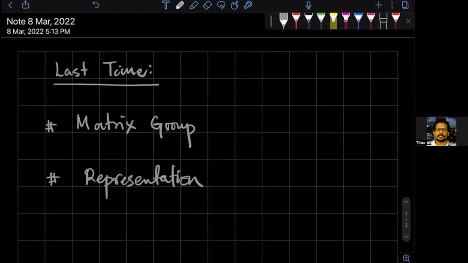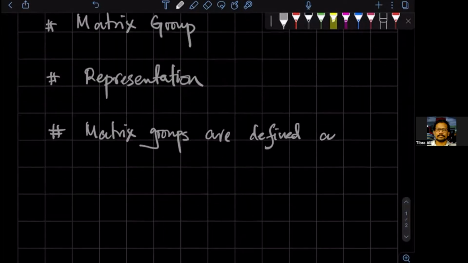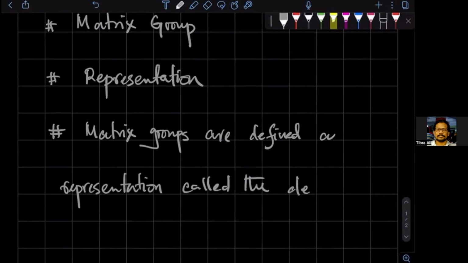And what we discussed is that matrix groups are defined by a representation called the defining representation, okay?